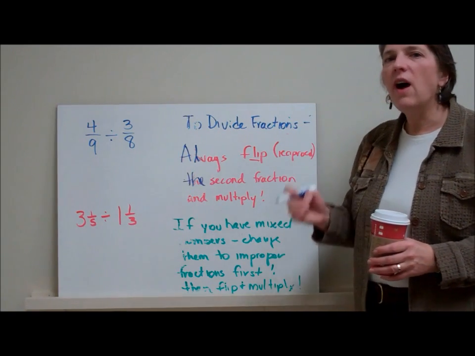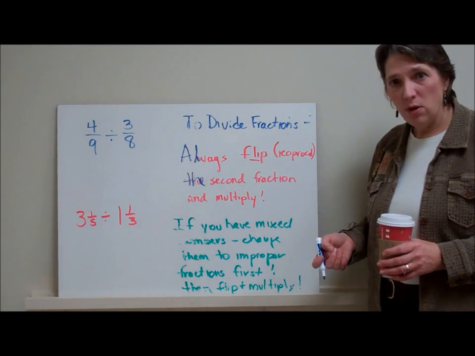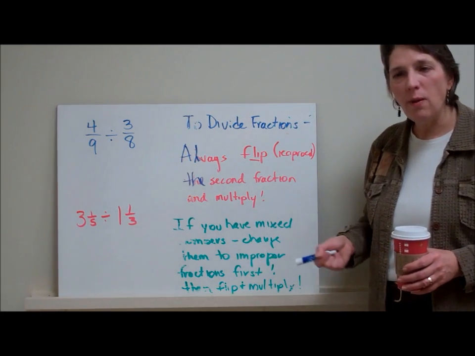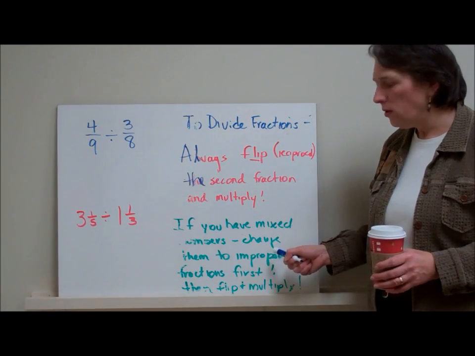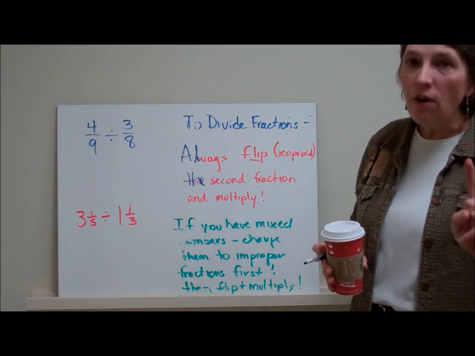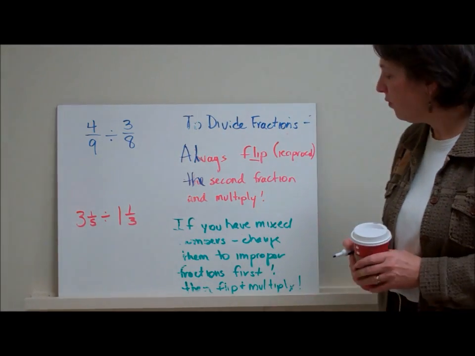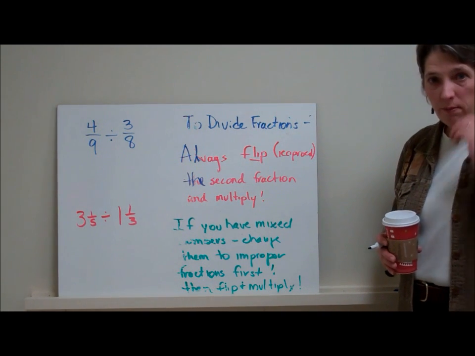So whenever you're dividing with any fractions, you take the second number and you flip it, and then you change the whole problem to multiplication. If you have mixed numbers, you have to first change them to improper fractions before you flip them.